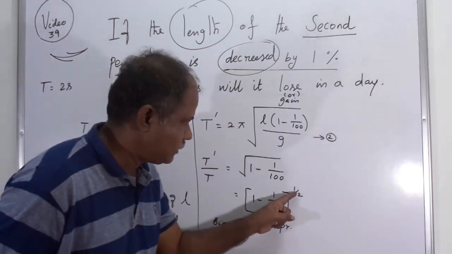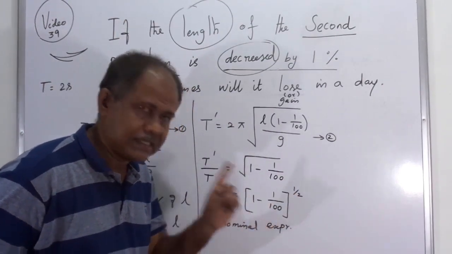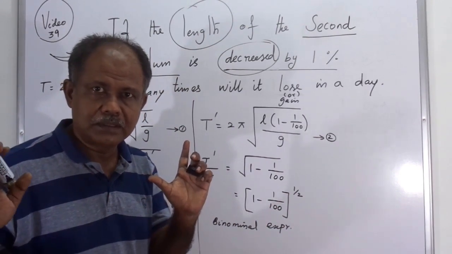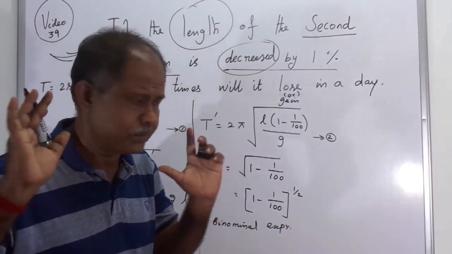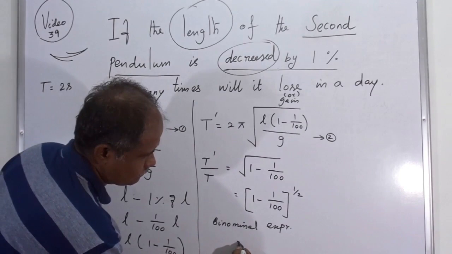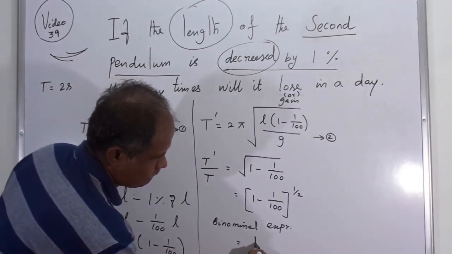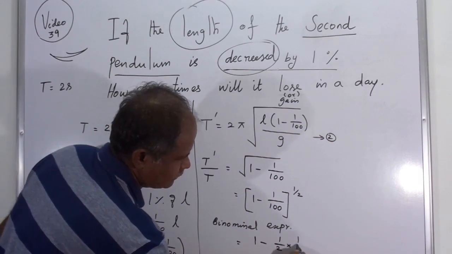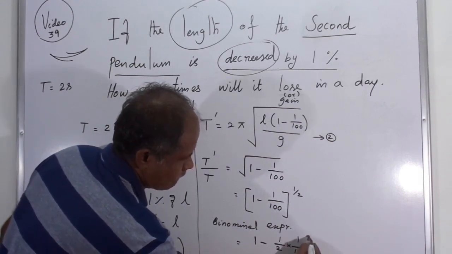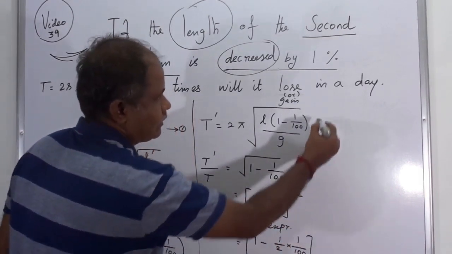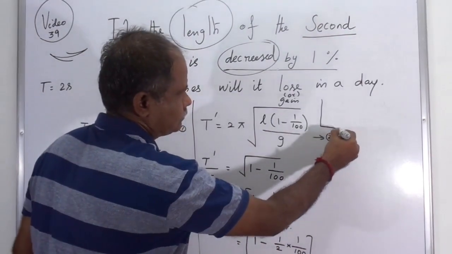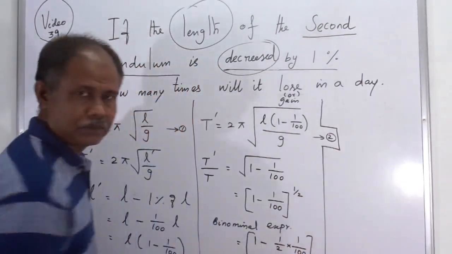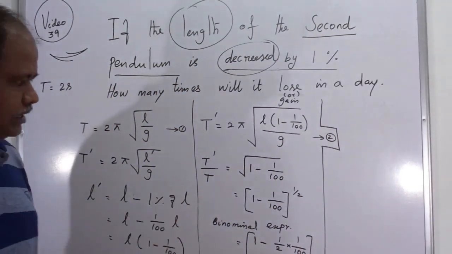That's enough, just remember that. That is 1 minus 1 by 2 into 1 by 100. Everybody understand?